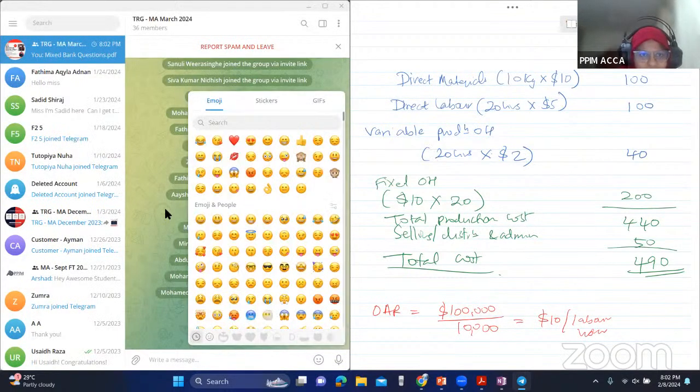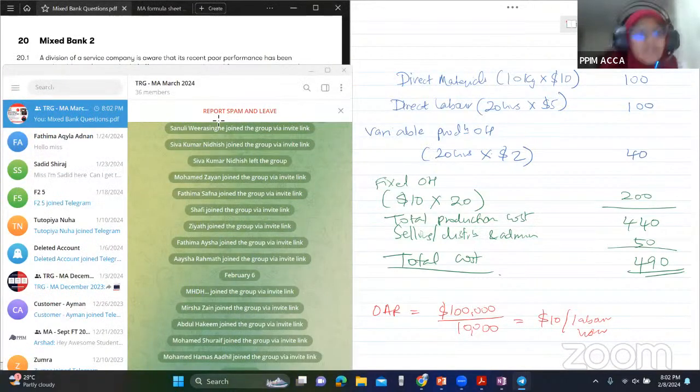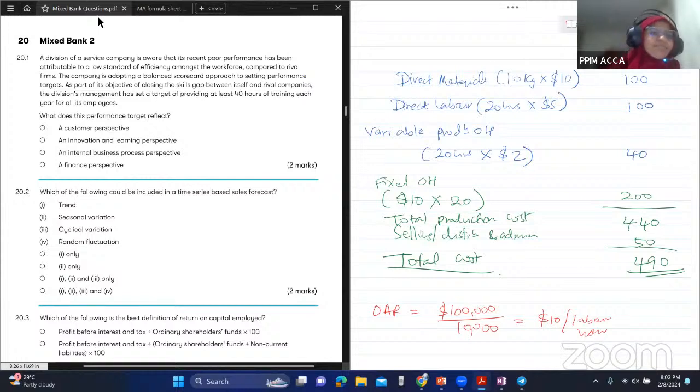Okay, so this should come. Right. So let's look at this question and see what they're talking about. It says here, a division of a service company is aware that its recent poor performance has been attributable to a low standard of efficiency amongst the workforce compared to rival firms.